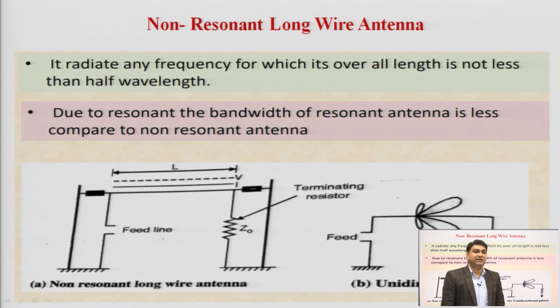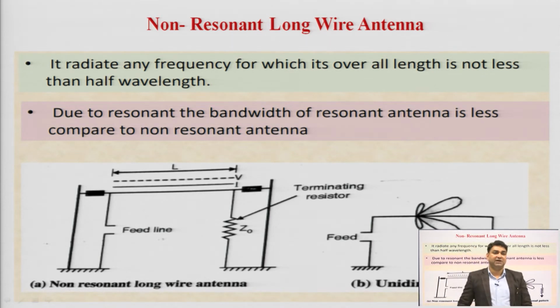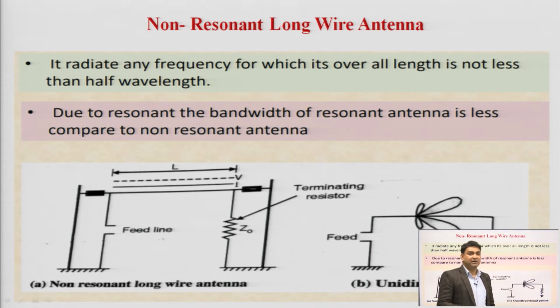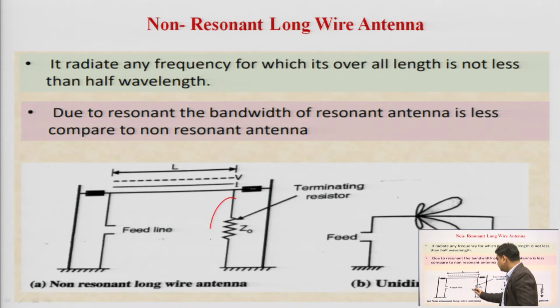This is the construction and the design aspect of the non-resonant antenna. As I have already mentioned, non-resonant antennas are terminated at one of their ends. This is the characteristic impedance Z0, and the feed is given from one point and the termination is done at the other end.